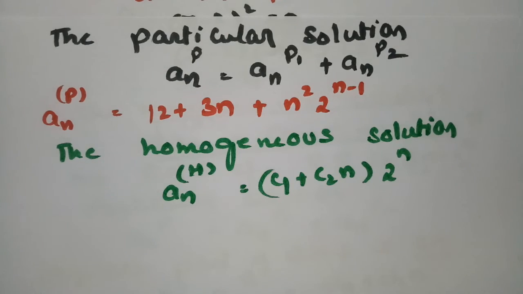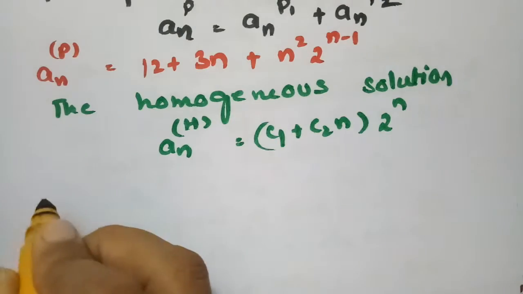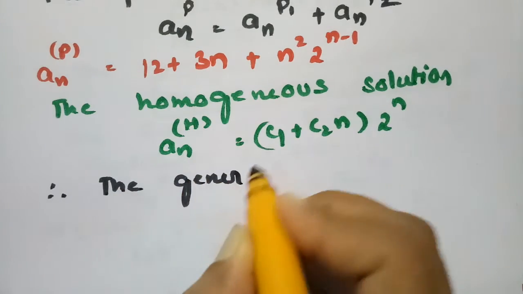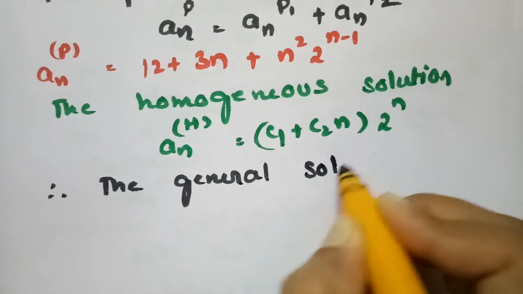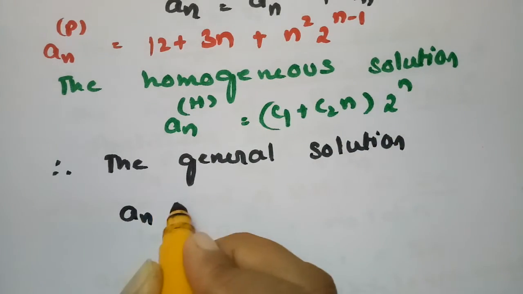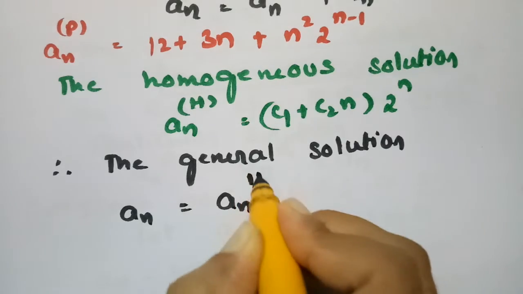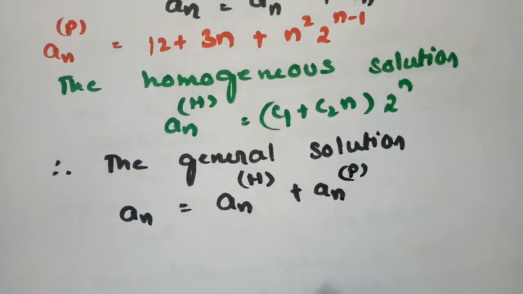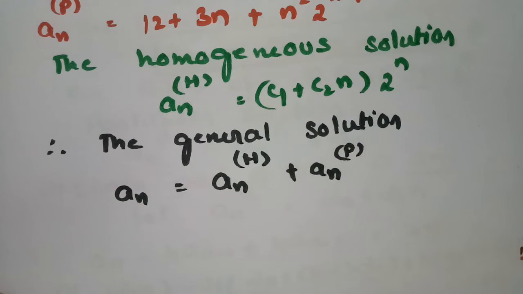Now the general solution an is equal to the homogeneous solution plus the particular solution.